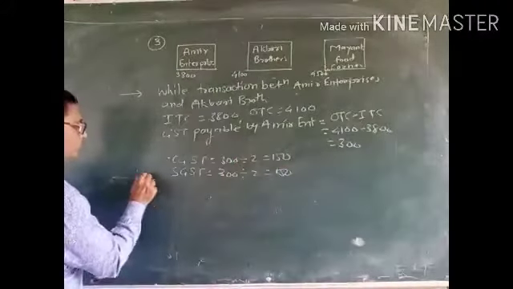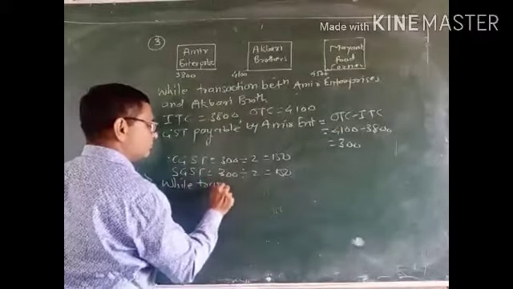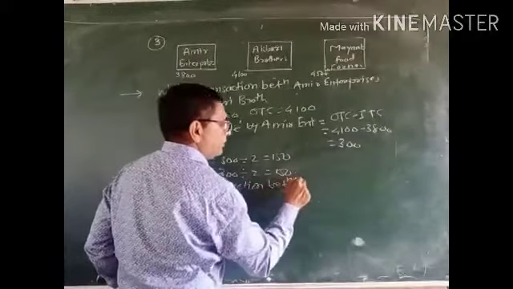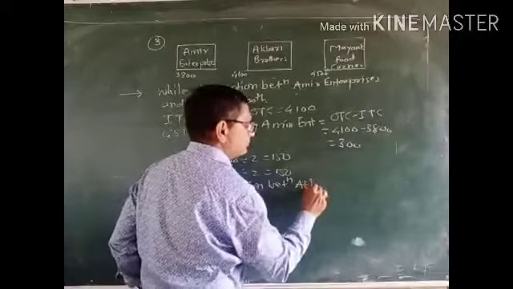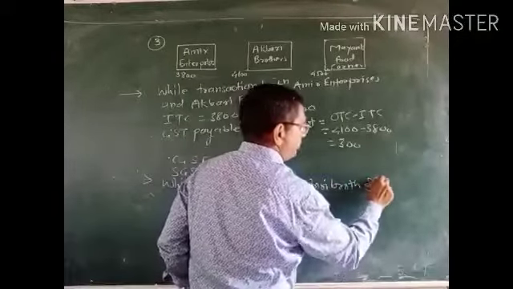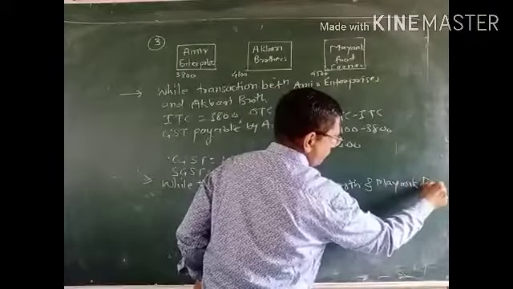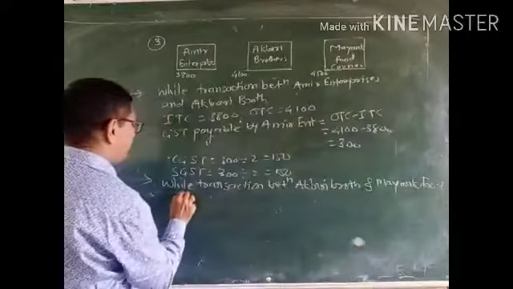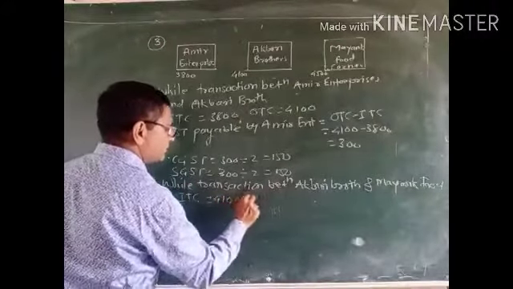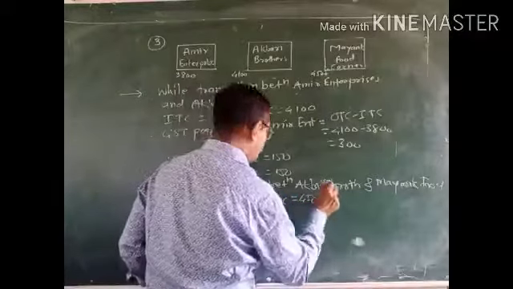Now, while transaction between Akbari Brothers and Mayan Food Corner, here ITC is 4,100 rupees, OTC is 4,500 rupees.